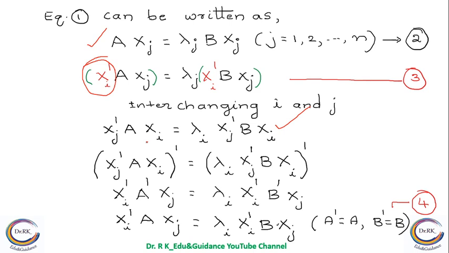So why do we do this, we'll see. Just by interchanging i and j, we get this. Suppose we take the transpose of this relation, transpose on both sides.